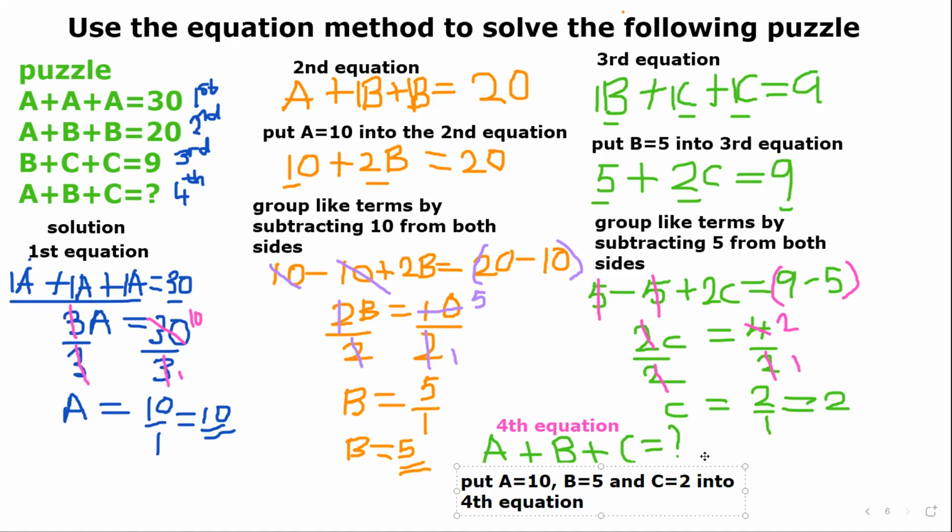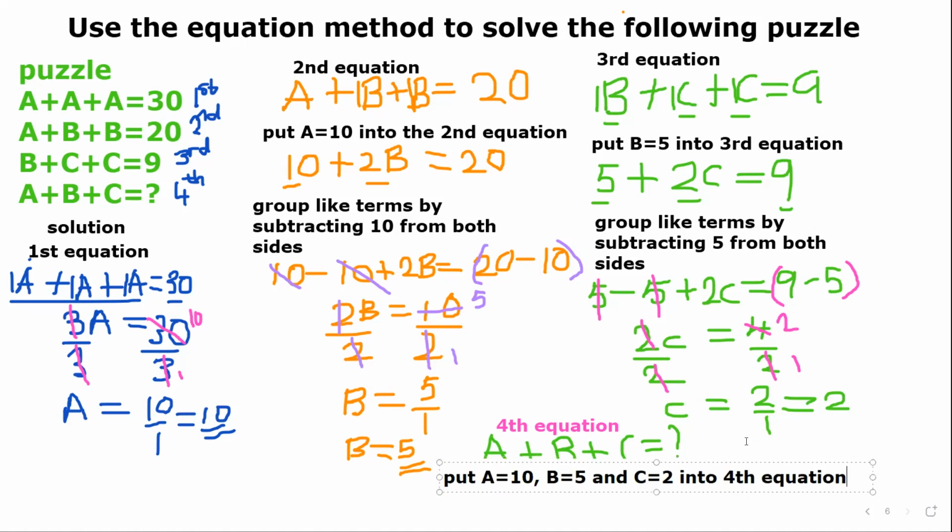So you are going to do that, which means our final answer here will be that A is 10 plus the B is 5 plus the C is 2.